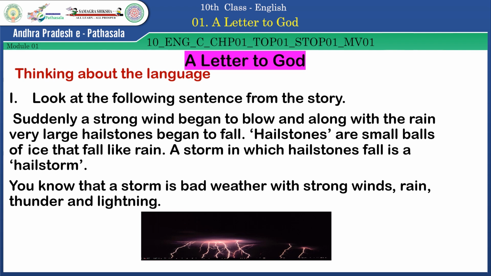Hailstones are small balls of ice that fall like rain. A storm in which hailstones fall is a hailstorm. You know that a storm is bad weather with strong winds, rain, thunder, and lightning.